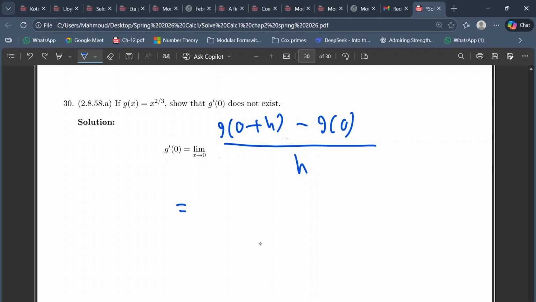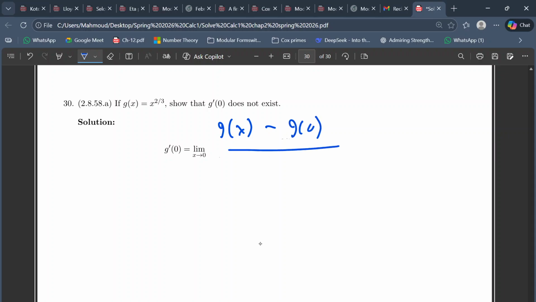Now let's continue here. You have h to the 2 over 3, right? Minus g of 0, just 0, right? What's the problem here? He is using the other definition, which is g of x minus g of 0 over x minus 0.